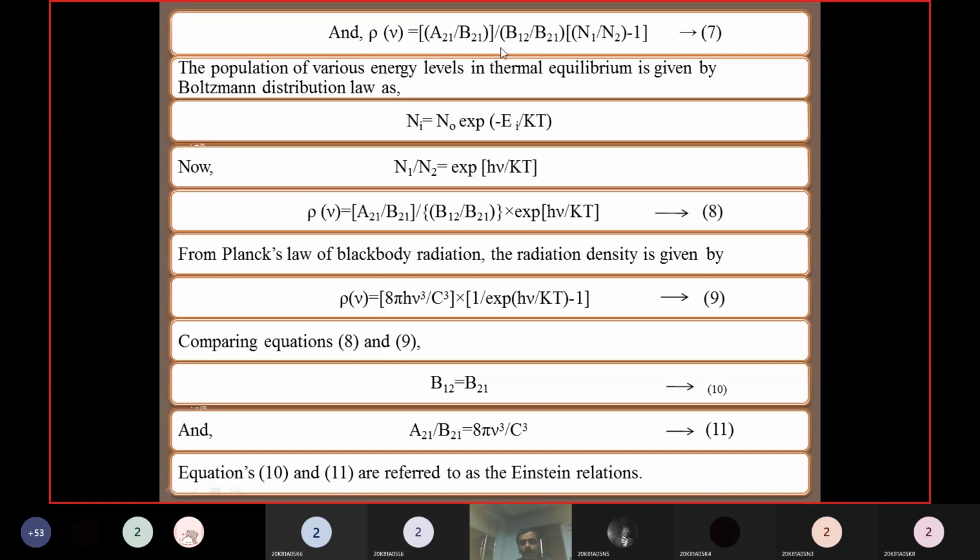Now we are substituting the N1 by N2 value in the above equation. If you substitute, here we will get this.